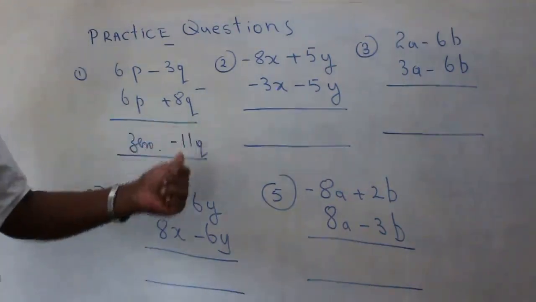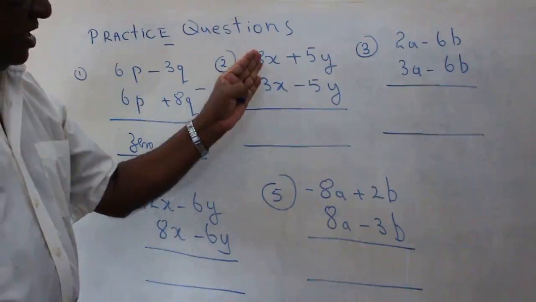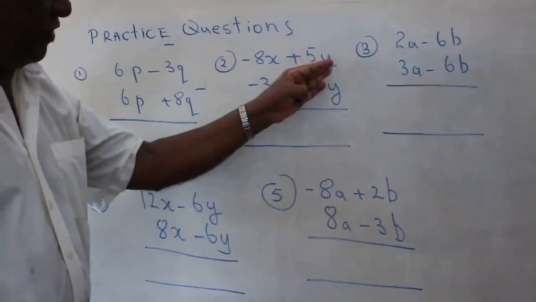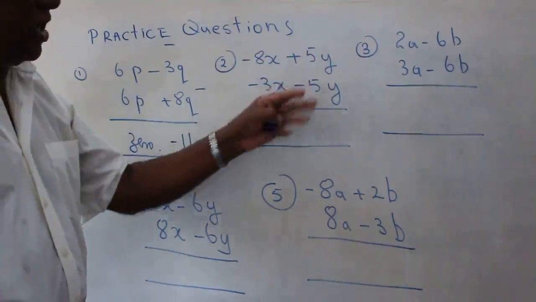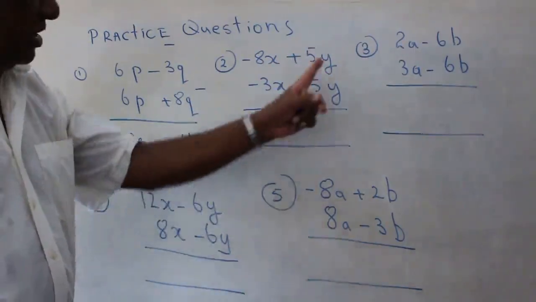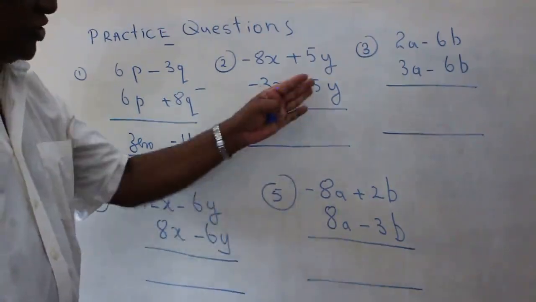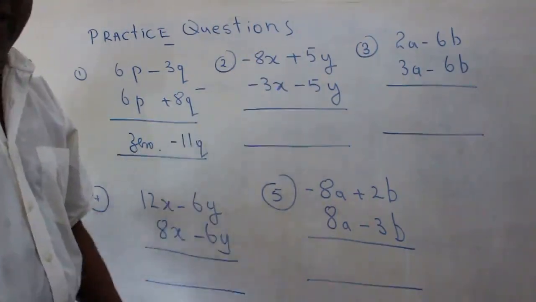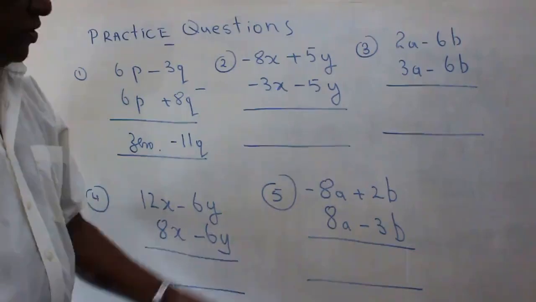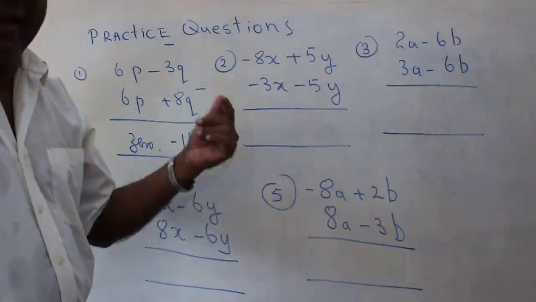Practice. Again, we have here minus 8x plus 5y minus 3x minus. The candidate for disappearance will be the y because coefficients are equal. You cannot make these disappear because their coefficients are not equal. So can you add or subtract and then make y disappear?